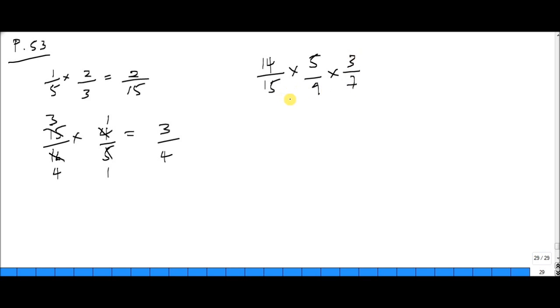So now they say 3 into 3 goes 1 time, and 3 into 9 goes 3 times. 5 into 5 1 time, and 5 into 15 goes 3 times. They say 7 into itself 1 time, 7 into 14 2 times. Multiplying across, we have 2 times 1 times 1, which is 2, over 3 times 3, which is 9. 9 times 1 is 9.